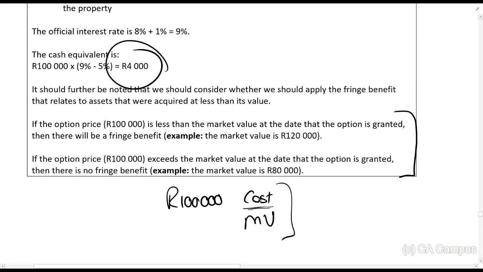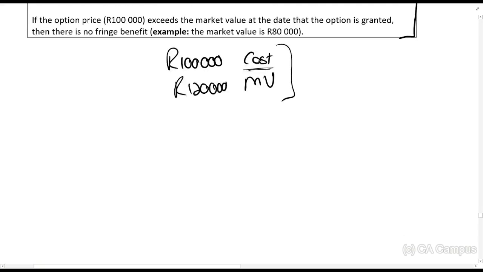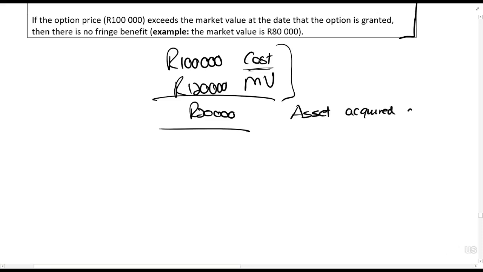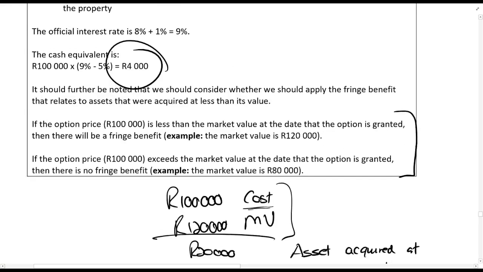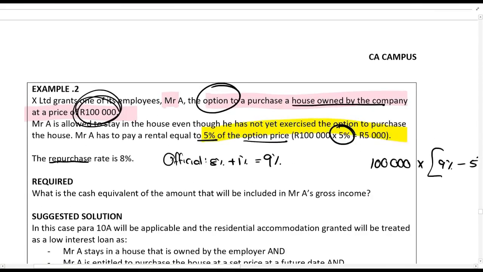However, if the market value today, when we get the option, is more, let's say 120,000, there will be a fringe benefit of 20,000 rands. And this will be called the fringe benefit where an asset was acquired at less than actual value. That is basically what will happen there. So just be aware of that, guys. But overall, this second example over here is not as common.